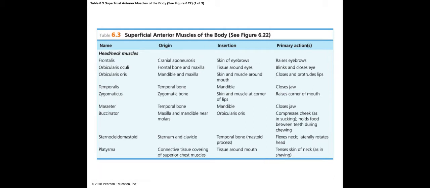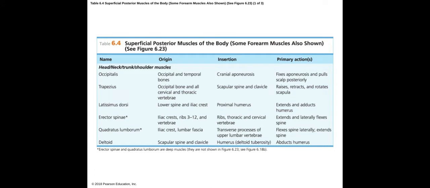And I'll go over this again with you and give you a table for all of this. But all the information is located in table 6.3. And it has all the primary actions, like where the origin is and where the insertion is.